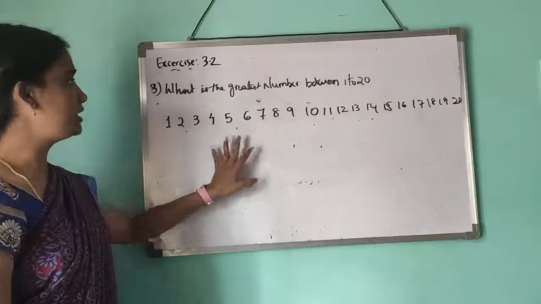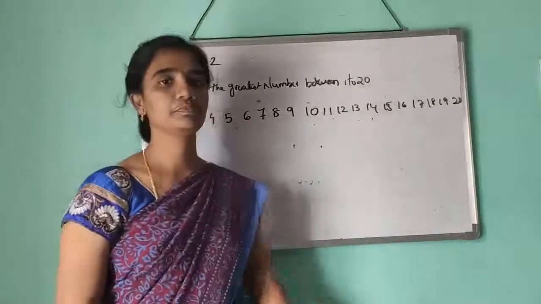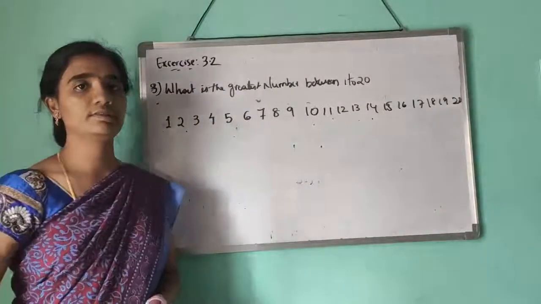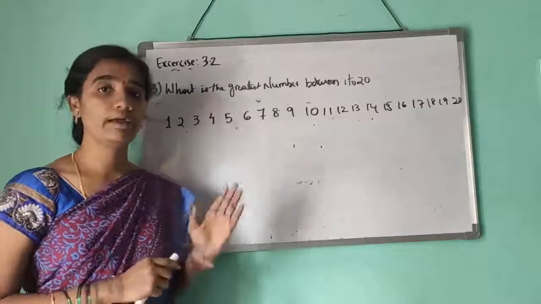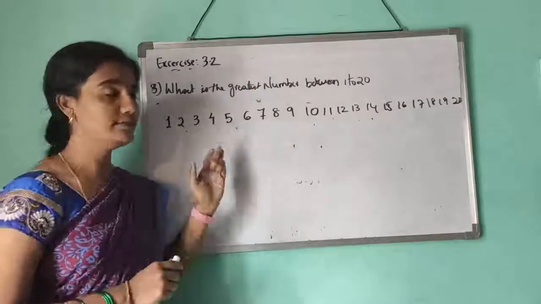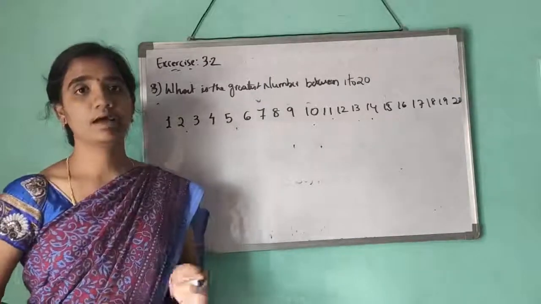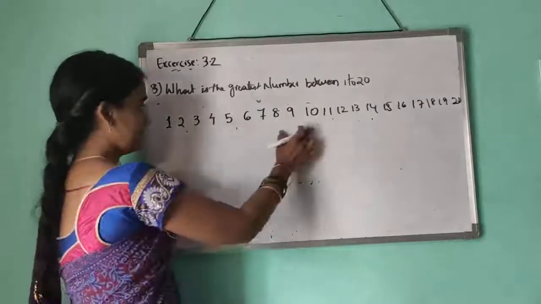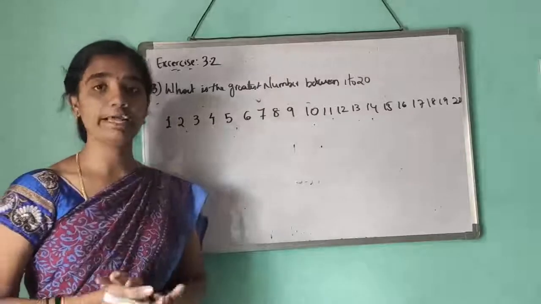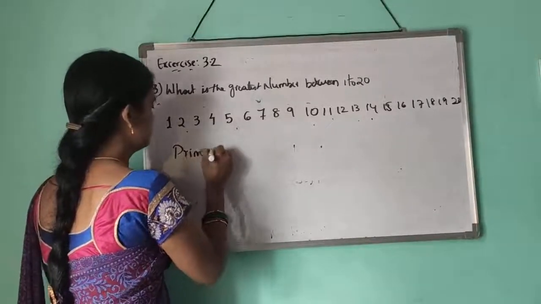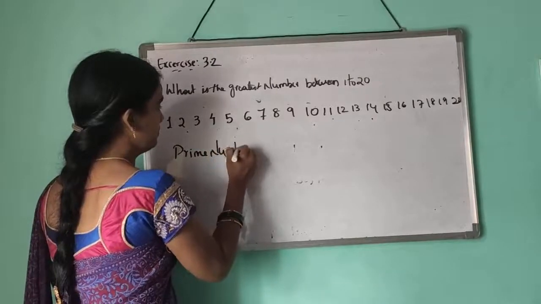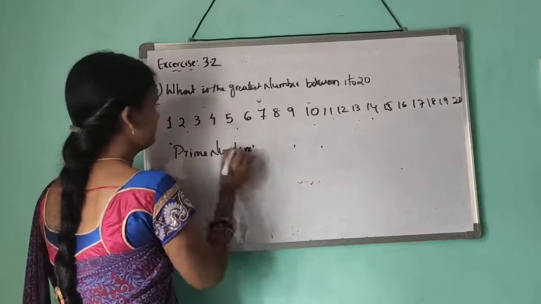Here we can write the numbers from 1 to 20. In these numbers, a number that is not divisible by any table is called a prime number.